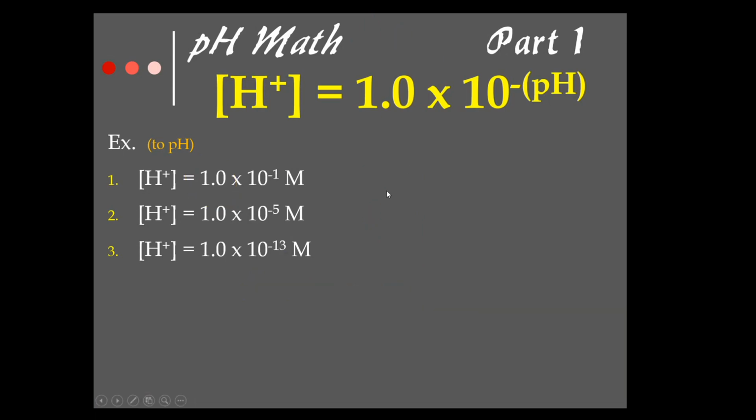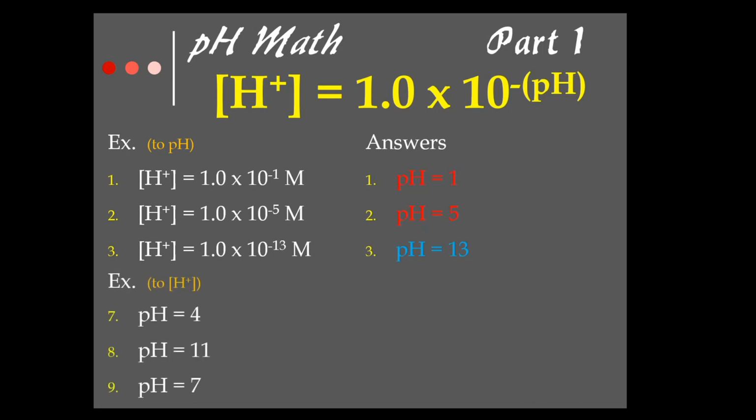All right, and when we take a look at this, you can see those are the answers. You'll notice they're color-coded. Hopefully they will be when I do the updated Google Slides. If I have a pH where there's no decimal, then we can still use this idea and say, okay, it's 1.0 times 10 to the negative 4, because this 4 is the pH, which means it goes right there.